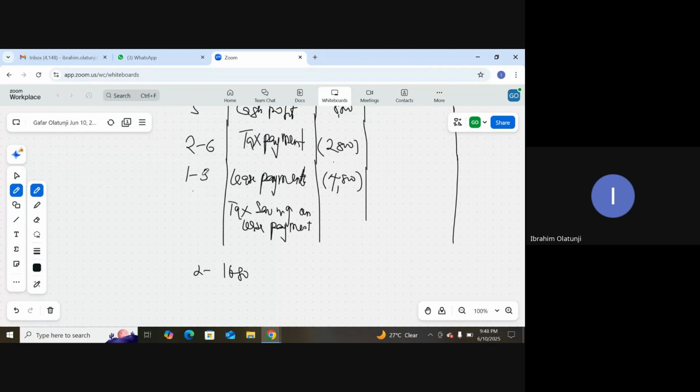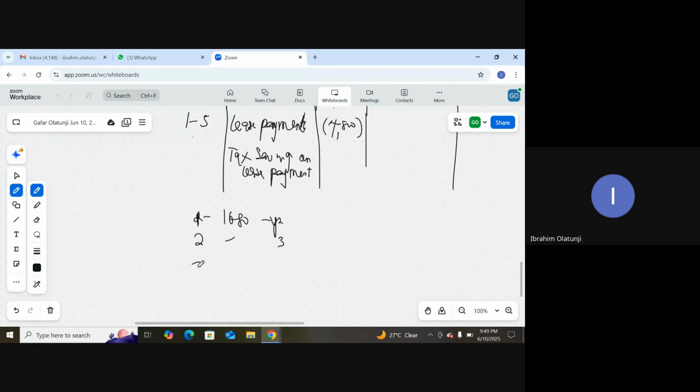The one you charge in year 2 will be paid in year 3, year 3 in year 4, year 4 in year 5. The one you charge in year 5 will be paid in year 6, because it is 1 to 5.